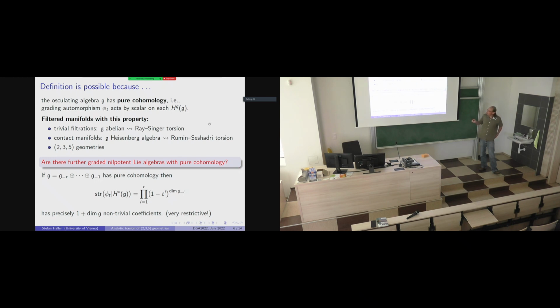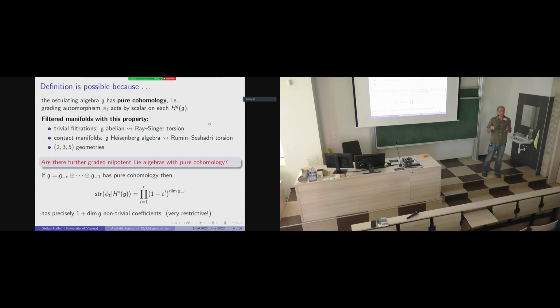And you can rule out many possible gradings in low dimensions, and show this way, by just considering this polynomial here, that they cannot have a Lie algebra structure with pure cohomology. I actually used some computer algebra system to scan a range of possible dimensions here, and I could not find anything else than listed above, except for, of course, you can change the grading in a trivial manner.